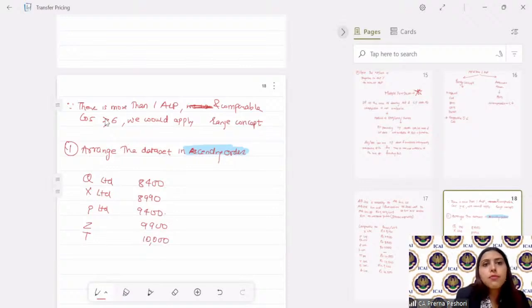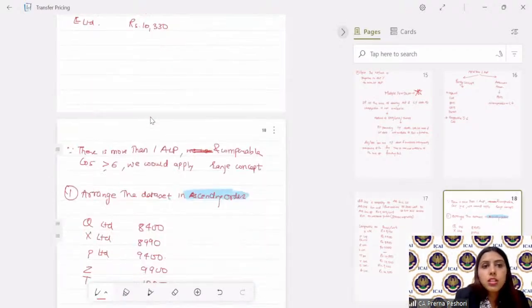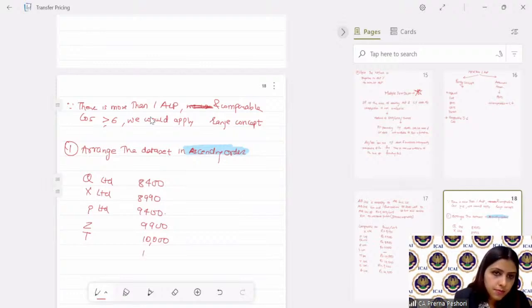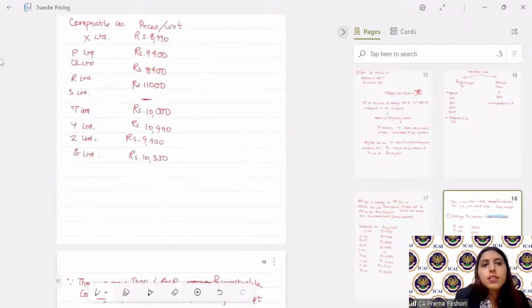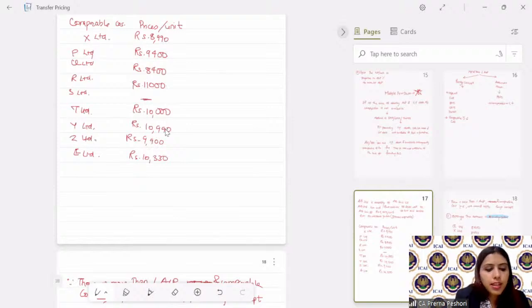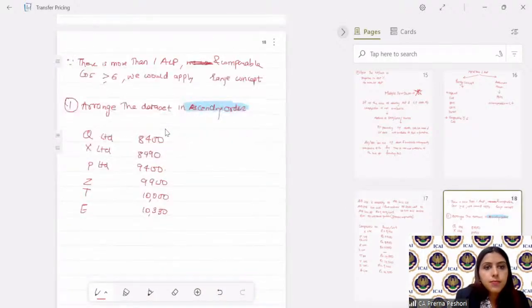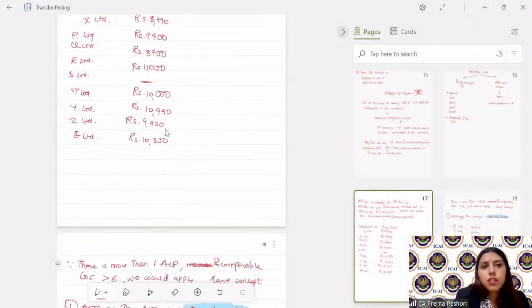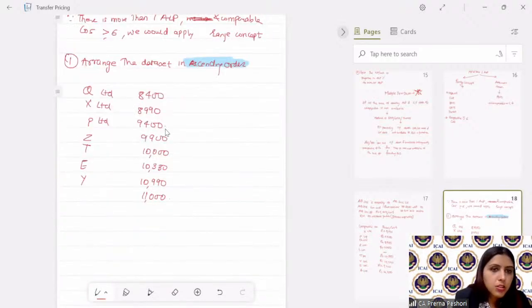Next we have 10,330. Next, 10,990. And finally we have 11,000, of R Limited. So this is arranged, right?